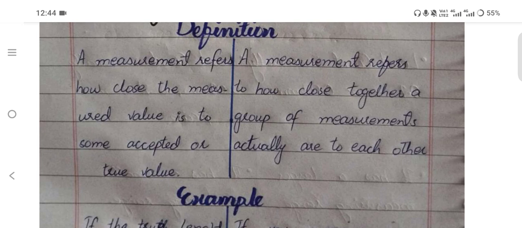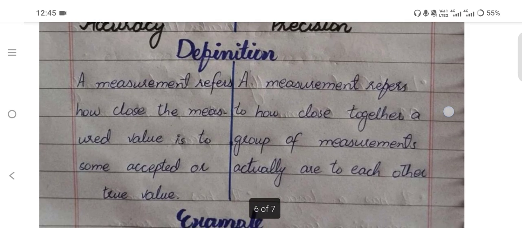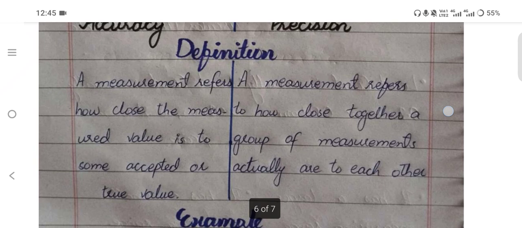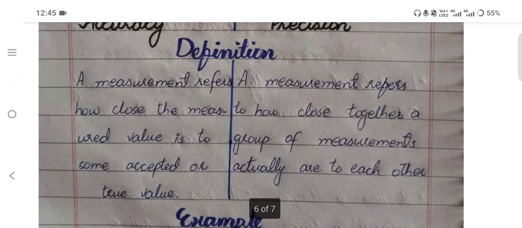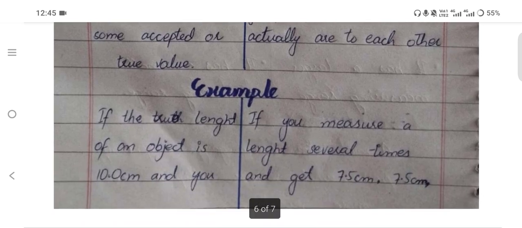Accuracy refers to how close a measured value is to some accepted or true value. Precision refers to how close a group of measurements actually are to each other. Here we have the example.